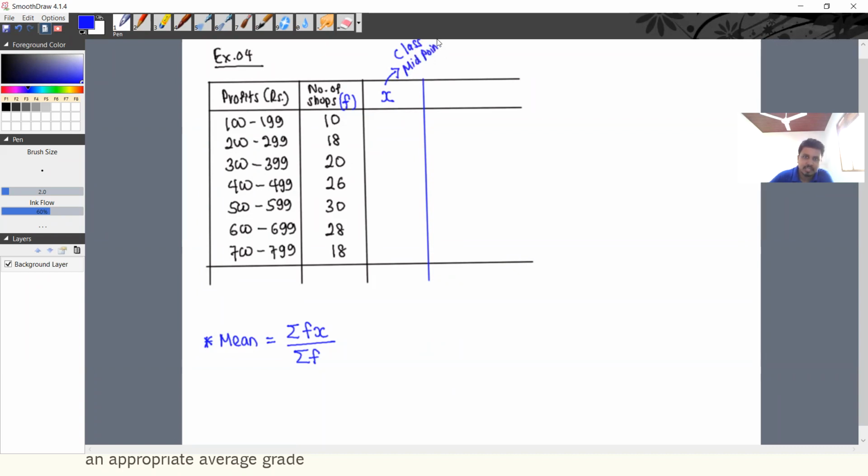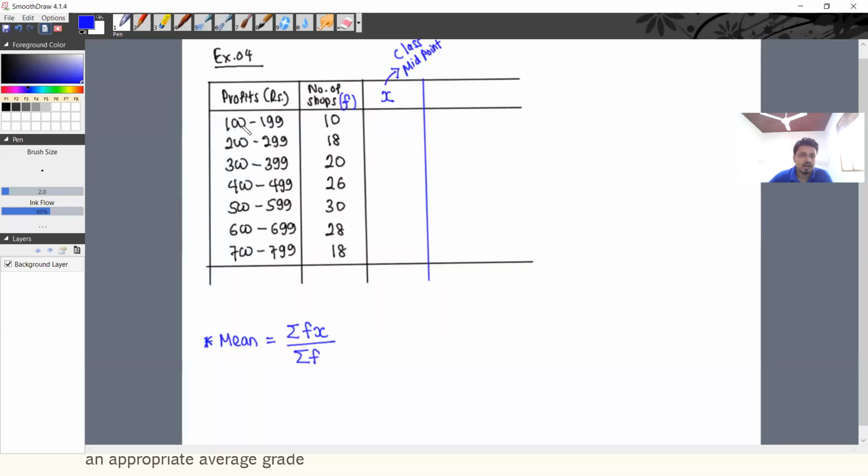We find the class midpoint. How can we get the class midpoints? How do we take a single value to represent the class? Upper value plus lower value divided by 2.